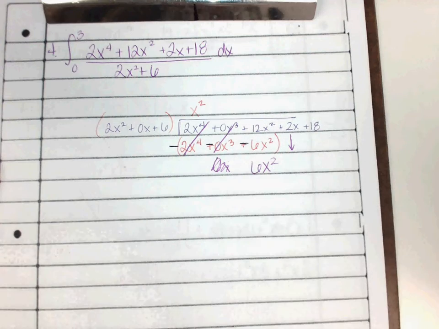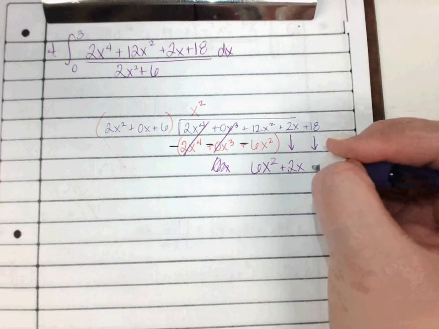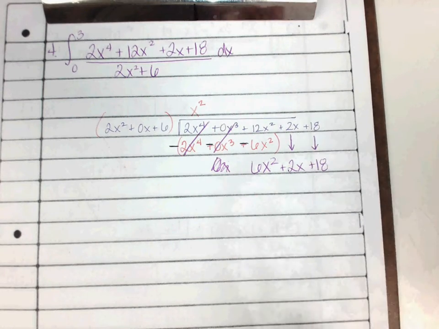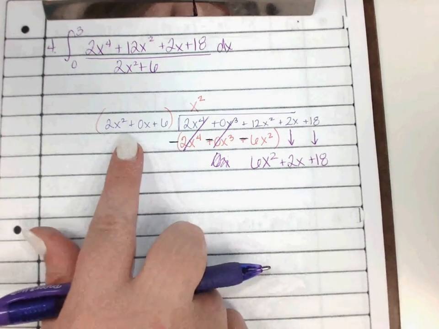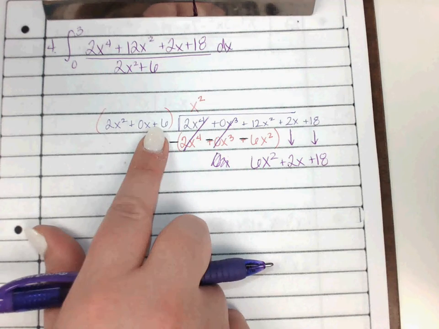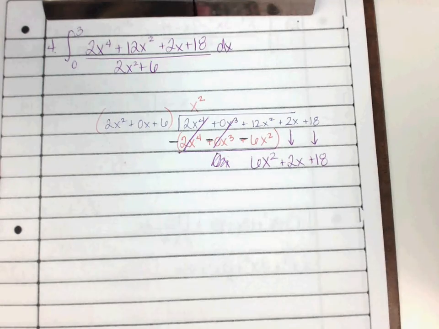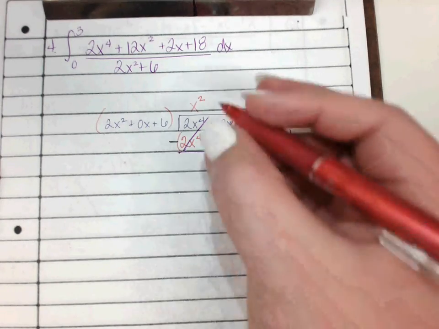Now, because of that 0, I'm going to go ahead and carry down the next 2 terms because I need to have a trinomial. If I was dividing by something with 2 terms, I could just carry down 2. But remember, I need something to line all 3 of these up underneath. Okay? So from here, what would I multiply 2x squared by to get a 6x squared? Plus 3.